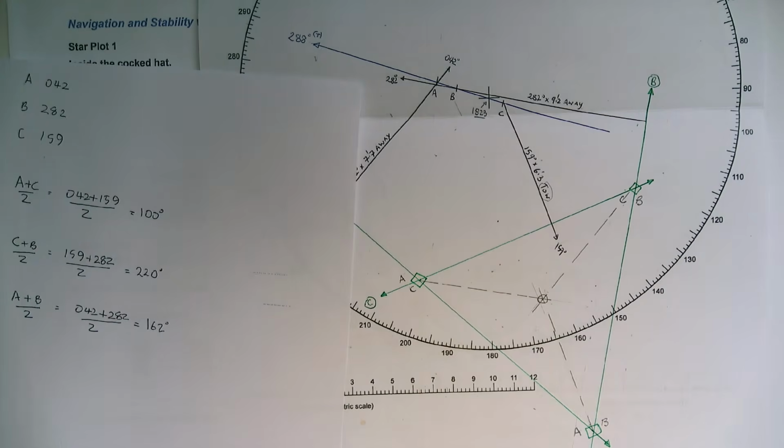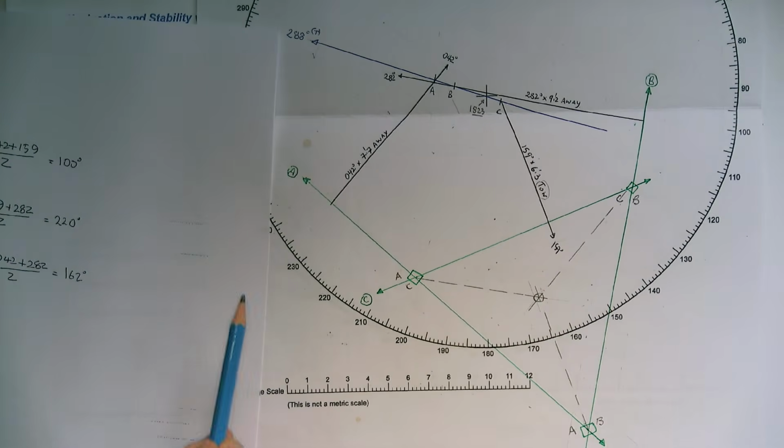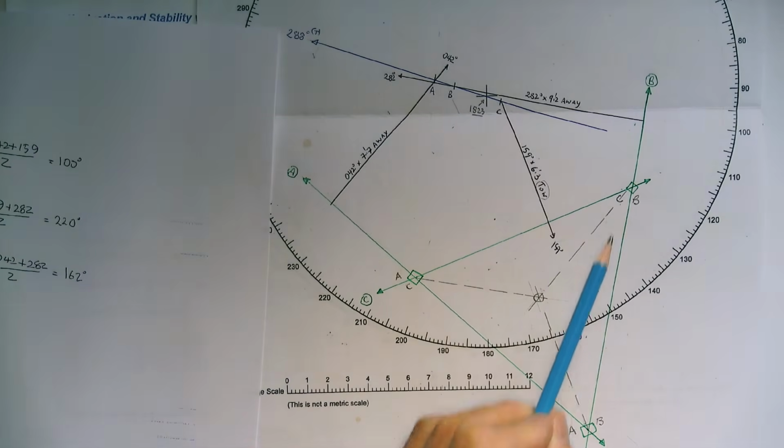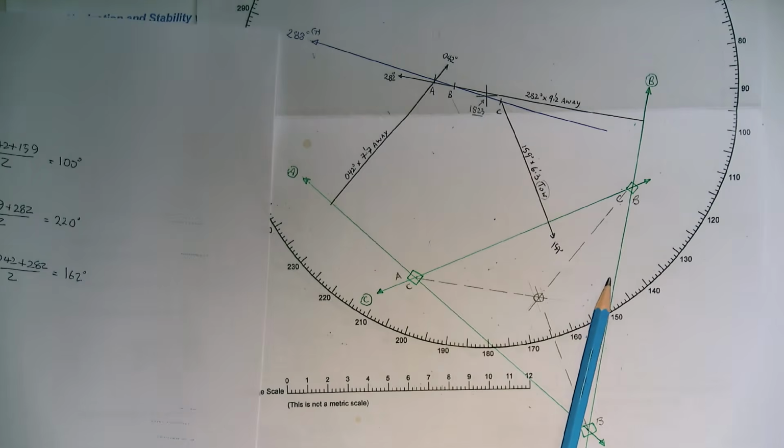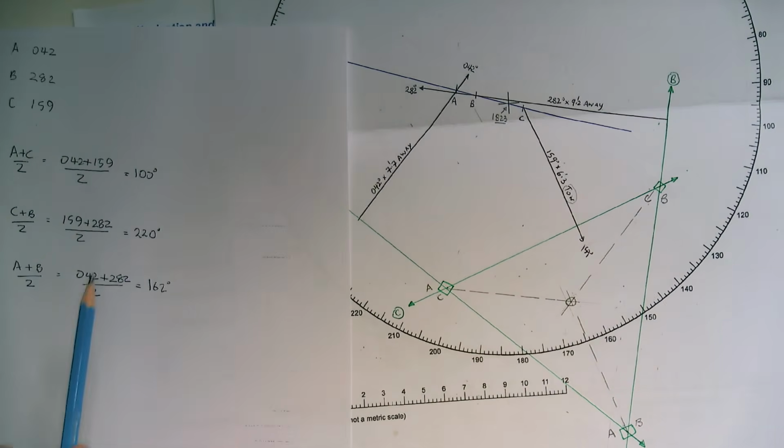So this is one way of finding the position of the vessel, most probable position, and of course the systematic error. So remember, both those are named A, line B, both named B, line C, both named C, and that's where we can get our values, add together and divide by 2.